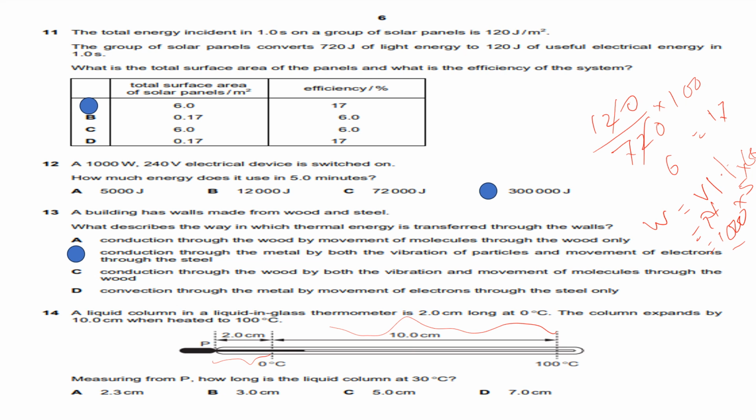So 10 for 100, and for 30 degree, 10 for 30 is 3 centimeters, plus initial 2 centimeters, 5 cm. So answer C.